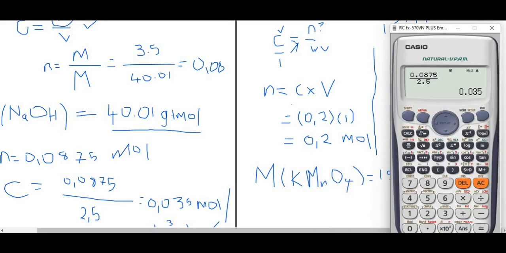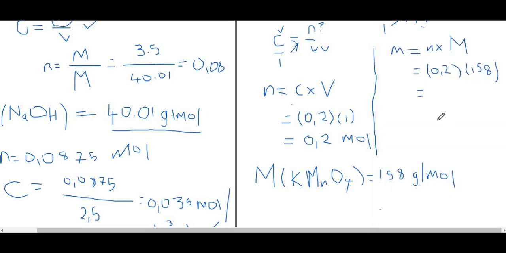Let's see if you see clear this. So you say 0.2 multiplied by 158. So that is 31.6 grams of potassium permanganate.